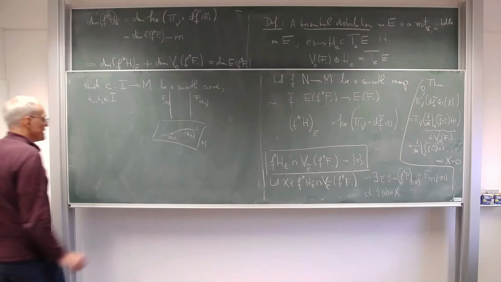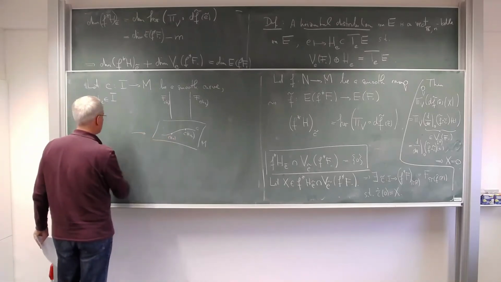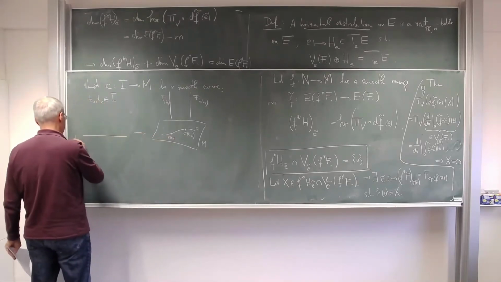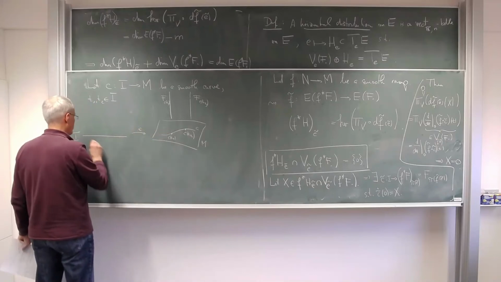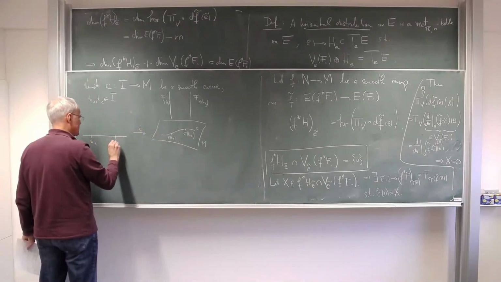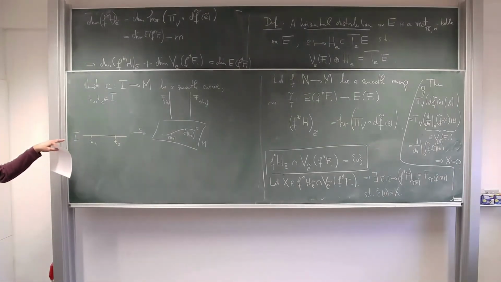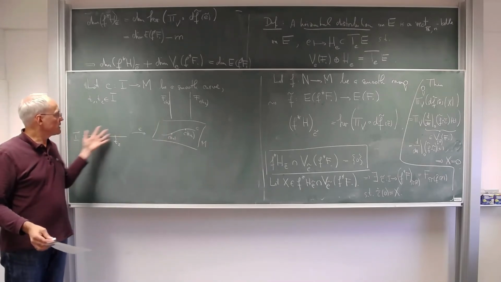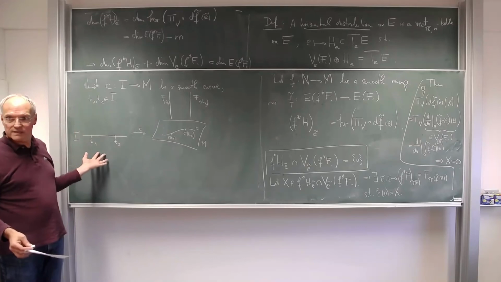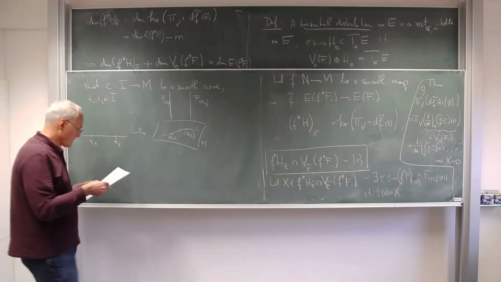Okay, and how do we do that? Well, C is a smooth map from an interval I to my manifold, and here I have these two elements, T1 and T2. This interval now plays the role of the manifold N that I had previously when I did pullback. Because we can now pull back this bundle F along the curve and get a bundle over the interval.